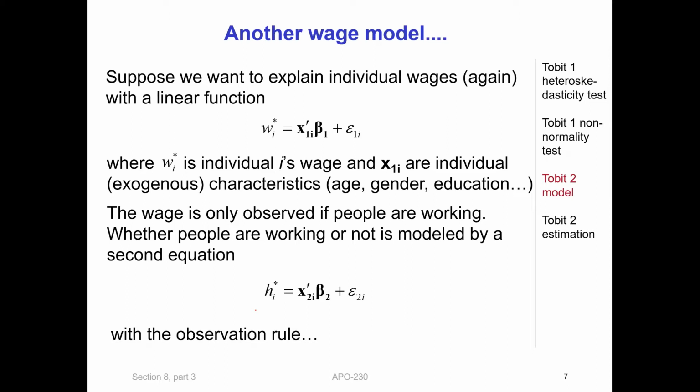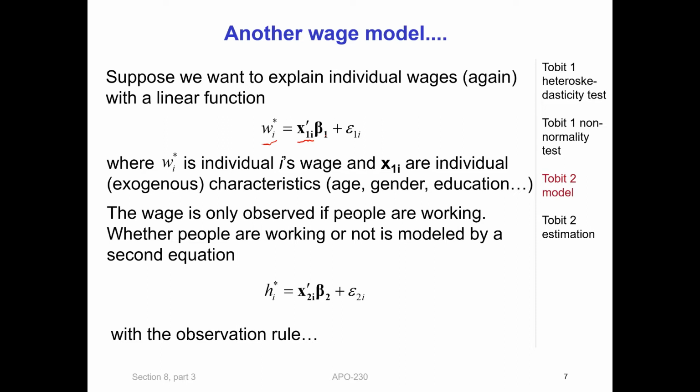Now suppose we want to explain the wage of certain individuals using a linear function of a set of characteristics. So here you have a linear function again with w_i star being the wage of individual i, and then you explain it by the set of characteristics collected in x_1i prime.